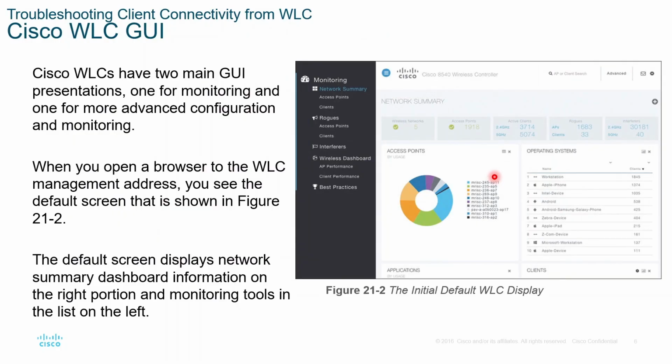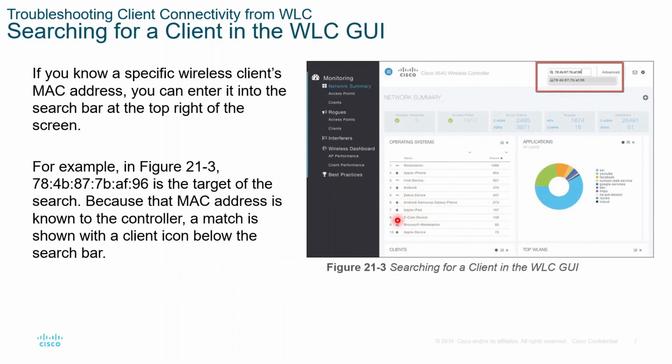In this part, we are seeing that within the wireless controller, the access points have this many people connected to them. For example, we can understand an issue by learning about their MAC address.